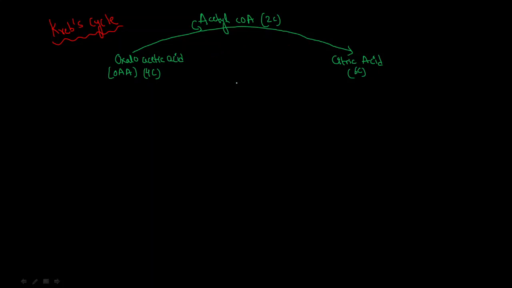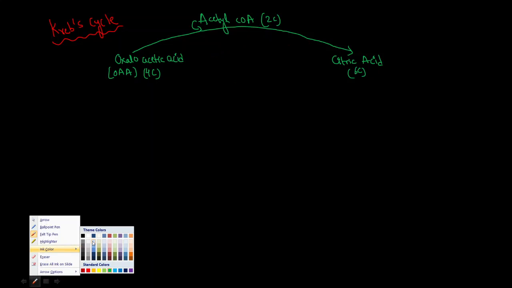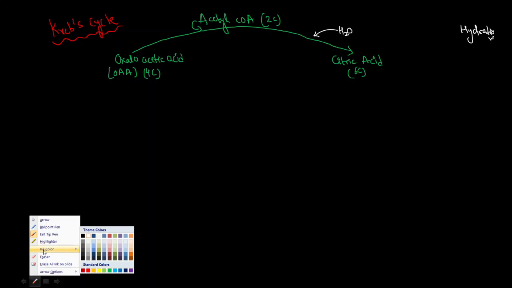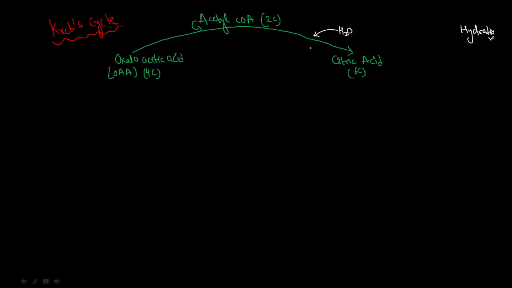Now, during this reaction, when acetyl CoA combines with oxaloacetic acid, it happens by the addition of a molecule of water. So I can say this step is also known as hydration, right? And this step requires, of course, an enzyme, since citric acid is being formed here.